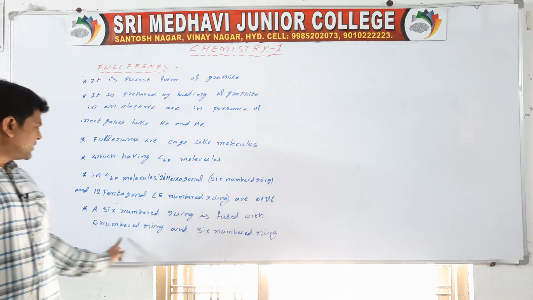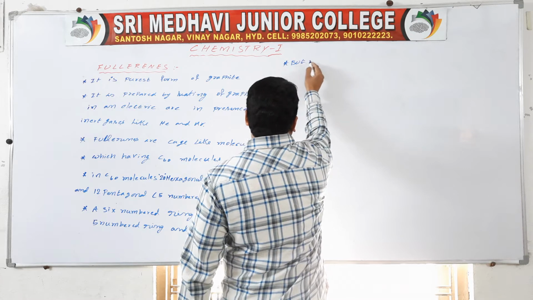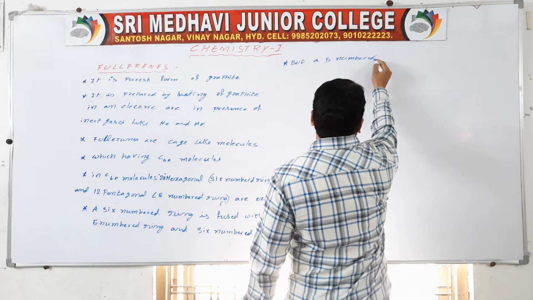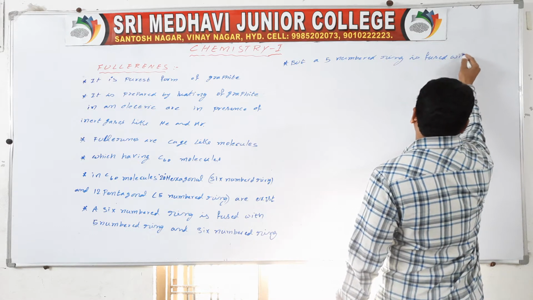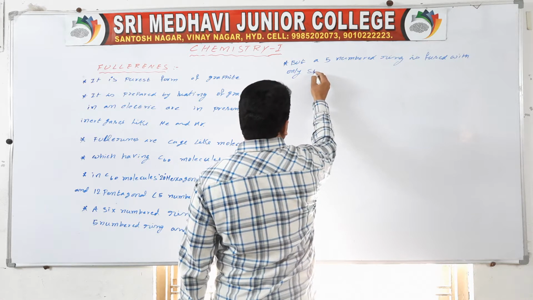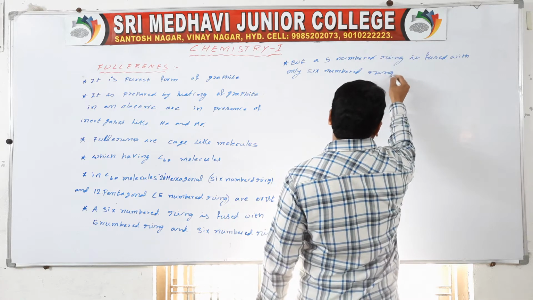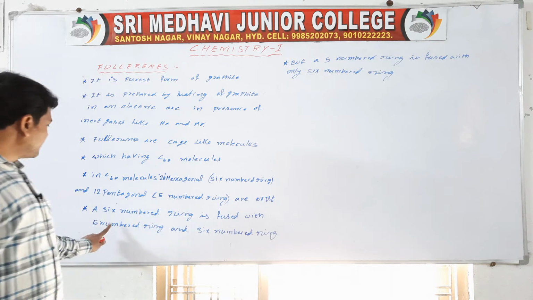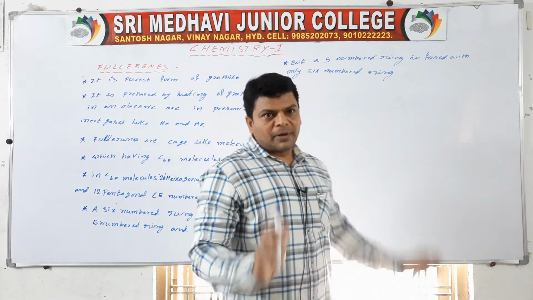A 6 numbered ring is fused with a 5 numbered ring and a 6 numbered ring, but a 5 numbered ring is fused with only 6 numbered rings.